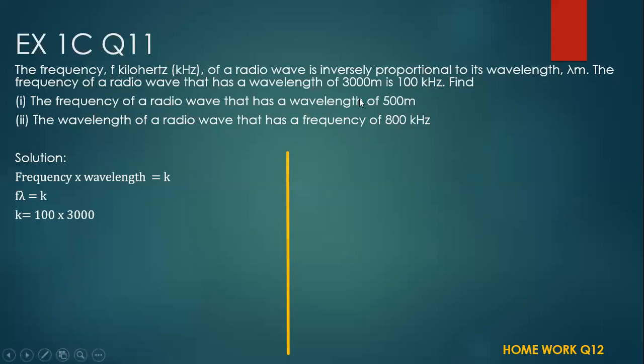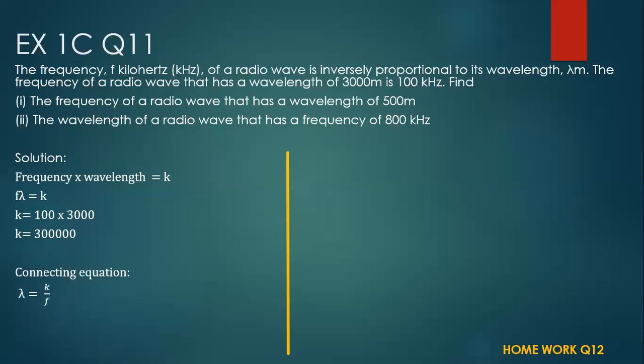So F is 100 from here, and wavelength is 3000. So that gives us the value of K as 300,000. Now, from here, we are going to make two connecting equations, one for frequency and the other one for wavelength.